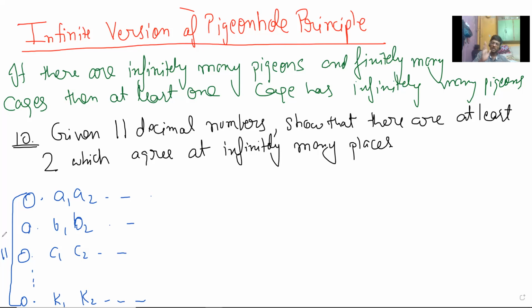So basically, at some place the digits will be the same. So, for example, if you consider this, and then you consider 0, 0, 0, 1, 0. So these two numbers are in agreement at this place. And we want to say that there are two numbers which are in agreement at infinitely many places.